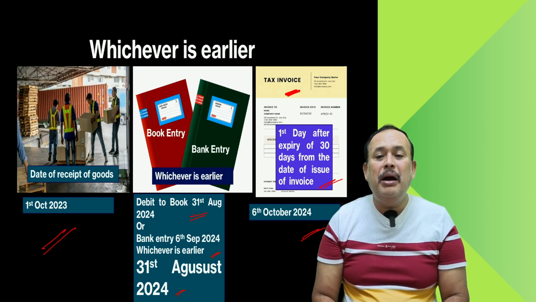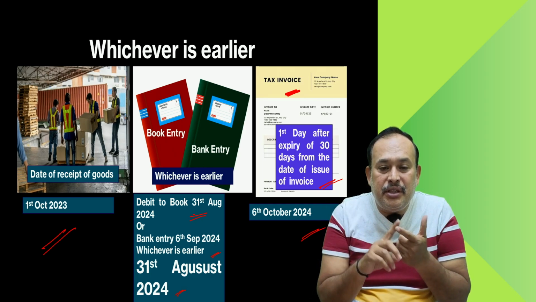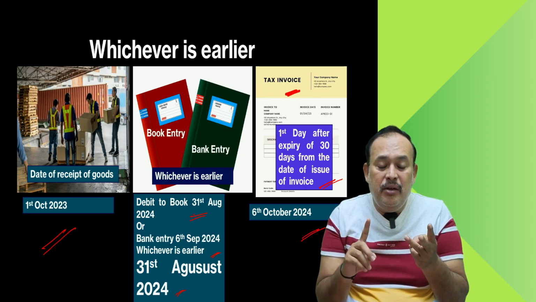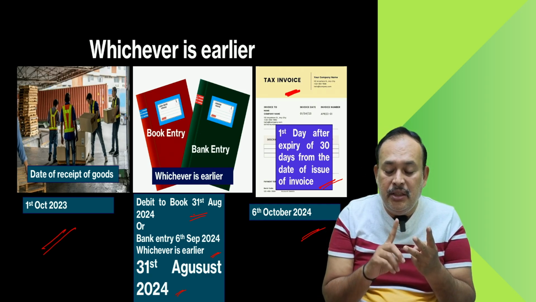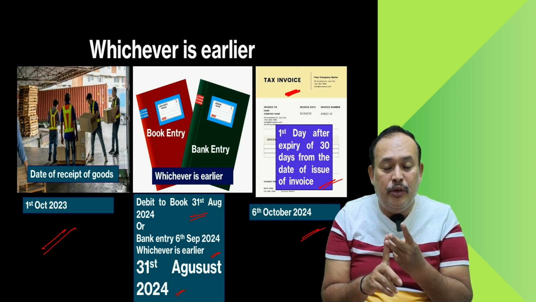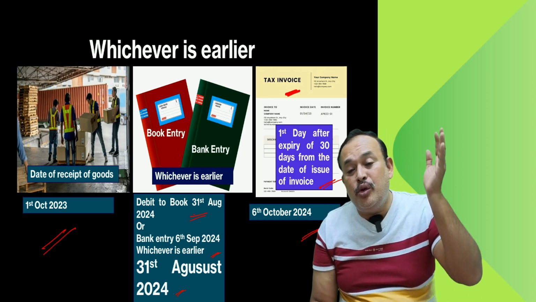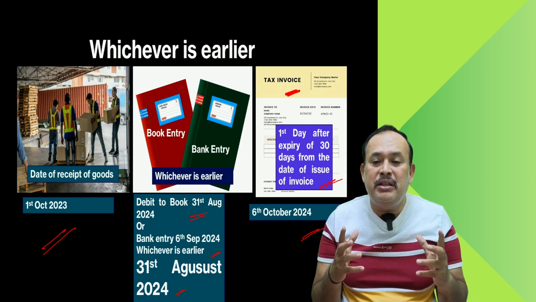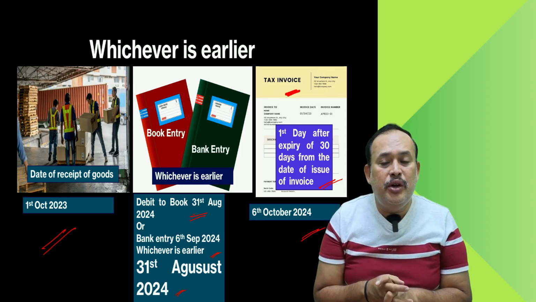Among the three dates, whichever is earlier: 1st October 2023, 31st August 2024, or the first day that occurs after expiry of 30 days from the date of invoice, namely 6th October 2024. Among three, which is earlier? 1st October 2023 is earlier. Therefore, this is the time of supply. In the given case, 1st October 2023 is the time of supply.